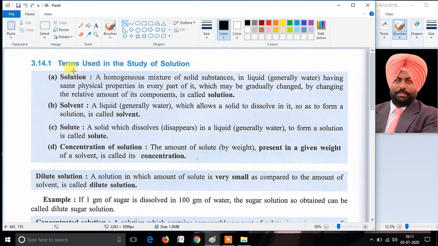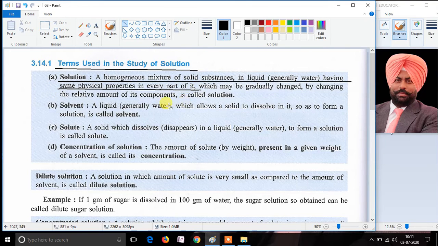Moving on further, let's discuss some more terms related to the solution. As we have just now studied, solution is a homogeneous mixture of solid substance in liquid having the same physical properties in every part of it. The substance which we dissolve in liquid is called solute. So solute is a solid which dissolves in a liquid to form a solution.